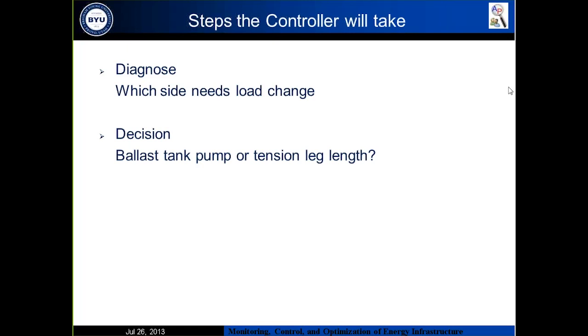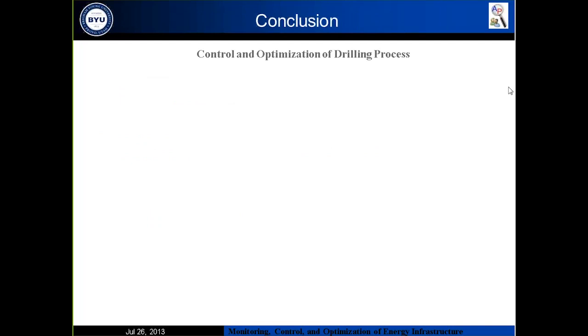Then, based on that, it will decide whether the change of load should be made by changing the water level in the ballast tank or by changing the tension leg length. For example, if it needs a high load change, it uses the tension length change. If it is less, it uses the ballast tank pump. Then the last part is the action: it will find the best values for these manipulated variables, and implement them so the platform regains its balance.